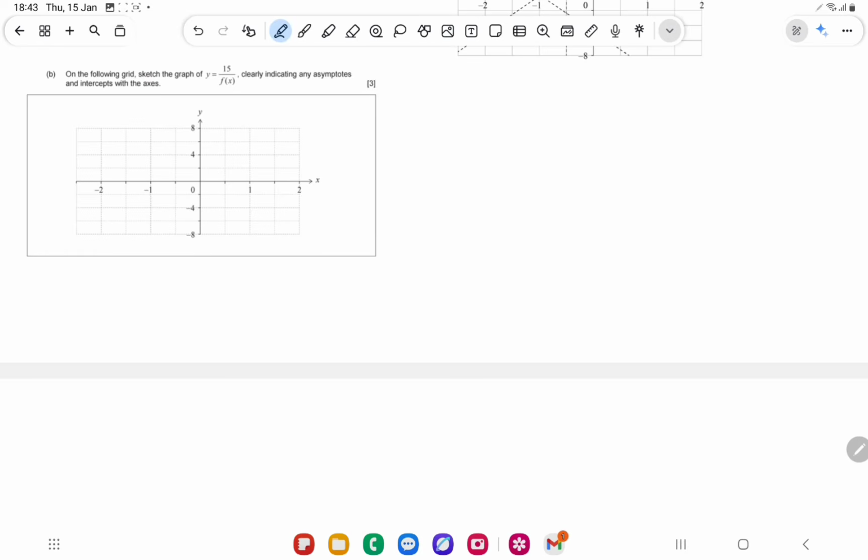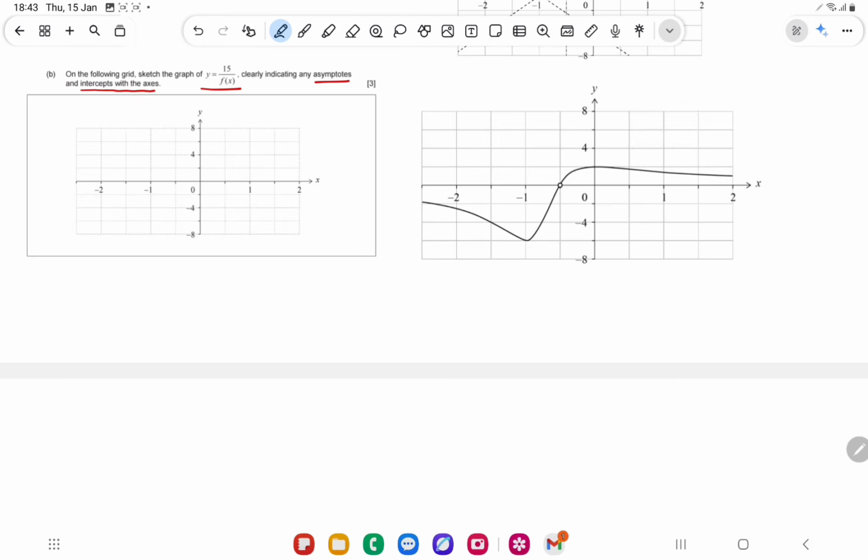Now in part B we have to sketch the graph of y equals 15 upon f(x), indicating any asymptotes and intercepts with the axis. I have drawn the graph over here. We have to make sure that we show all axis intercepts.